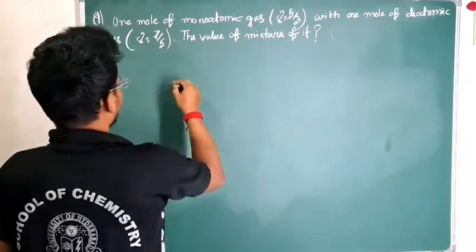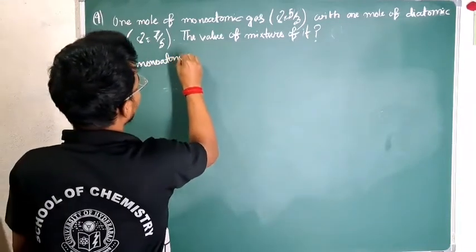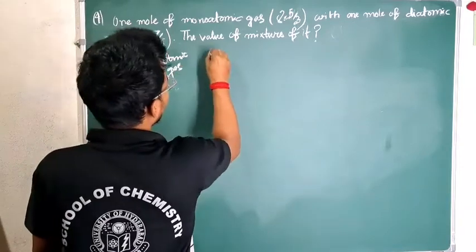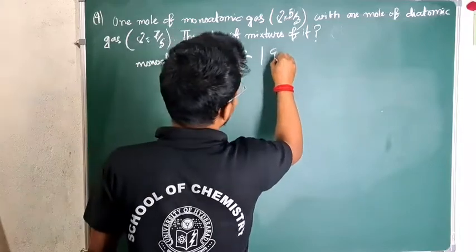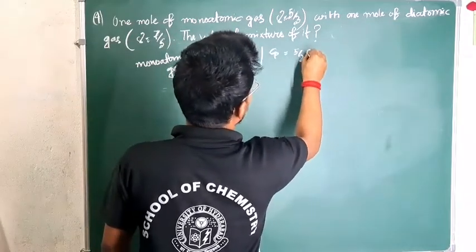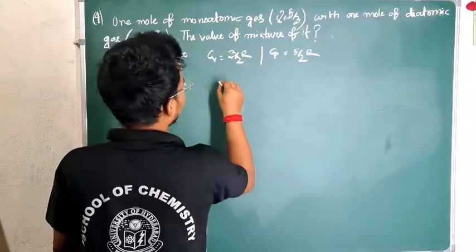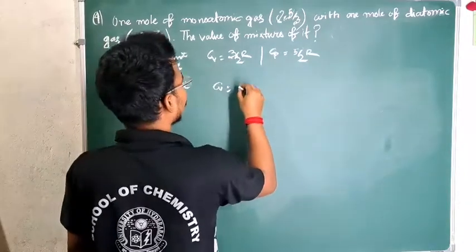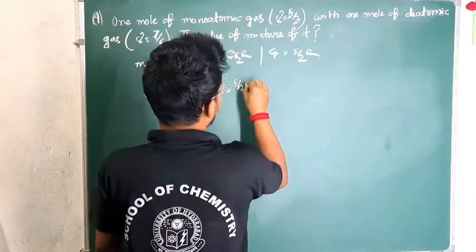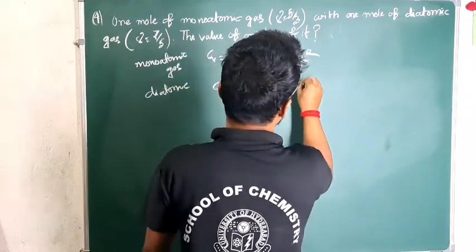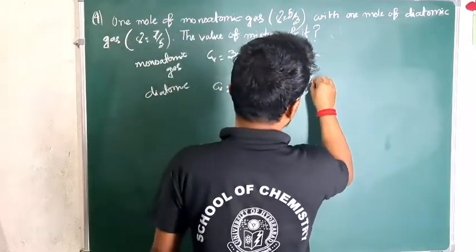Okay, let me explain. For monoatomic gas, as I told, Cv equal to 3 by 2R and Cp equal to 5 by 2R, and for diatomic gas Cv equal to 5 by 2R and Cp equal to 7 by 2R.